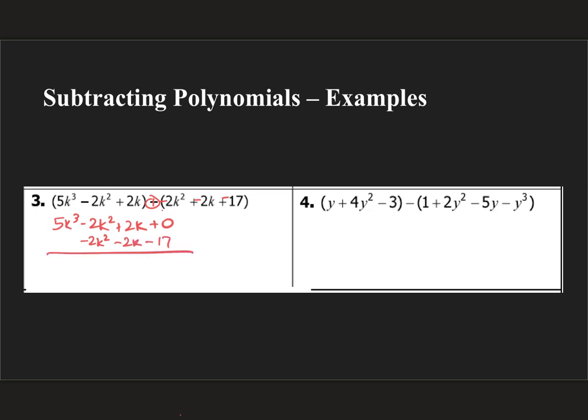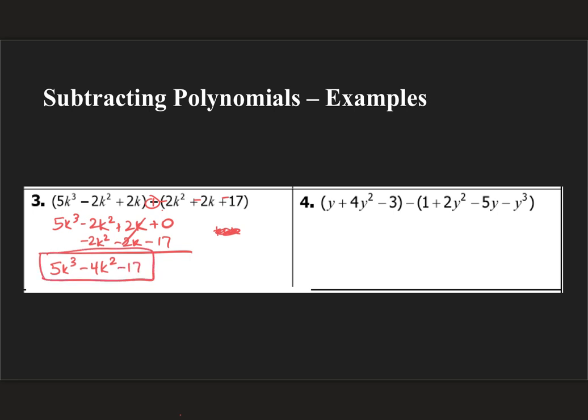So then when I add my like terms, I've got 5k to the third. Negative 2 and negative 2 is going to give me negative 4. And then positive 2 and negative 2 gives me 0. So I'm just going to cross those off and not even write it down. You could put plus 0k if you wanted to, but I'm not going to do that. And then I have 0 minus 17, so that's negative 17.